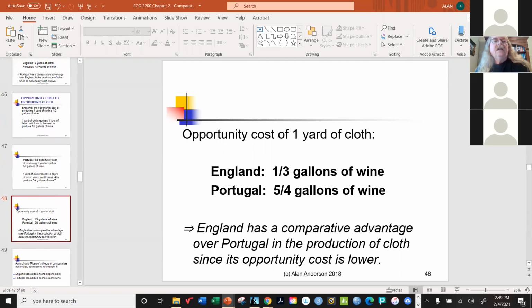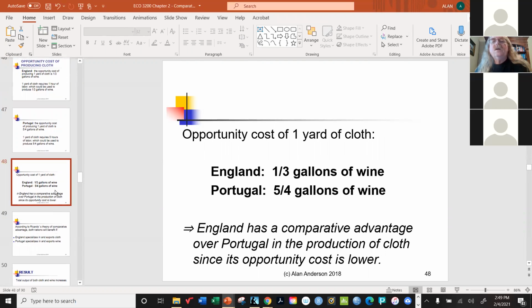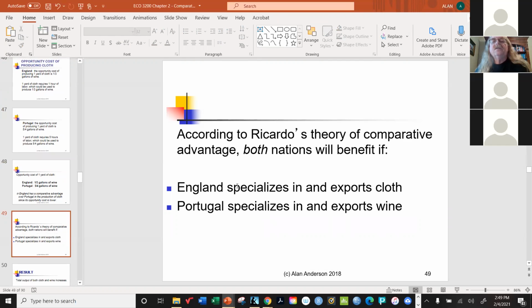And for Portugal, the opportunity cost of making cloth will therefore be 5/4 of a gallon of wine. And so now look, what's happened here is that England's opportunity cost in making cloth is lower than for Portugal, which means that England should be making the cloth, Portugal should be making the wine.